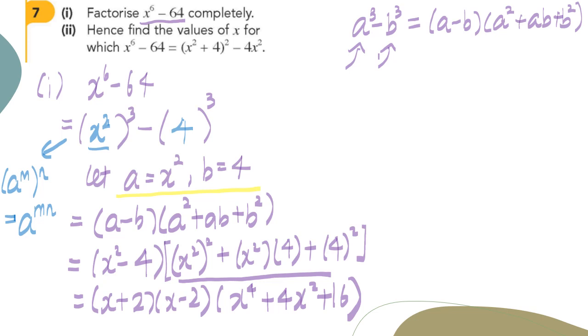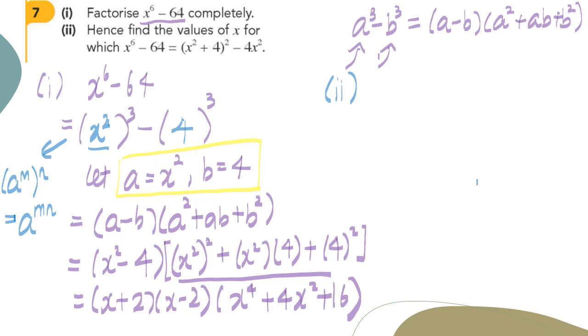If you have trouble managing variables, you can just use the substitution method. Substitution method, it's a very useful method for you to try to break the problem into bite size. Okay, so that's part 1. Right, so how about part 2?